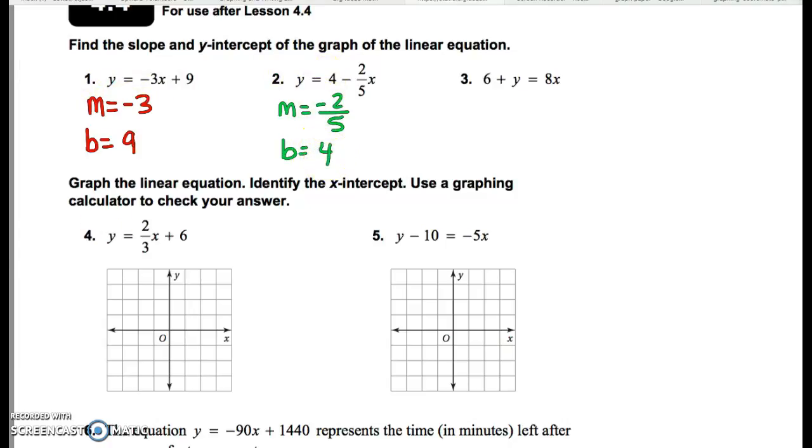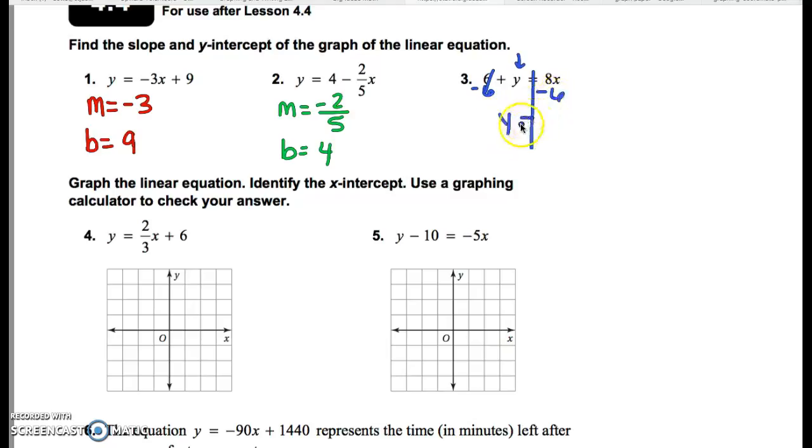Now, on number 3, is it in the right form? No, my y is not by itself. Now, we're going to get into this a little bit in more detail later, but we want to get the y by itself. Okay, we've done this a little bit. If I want the y by itself, I have to get rid of the 6. And how do you get rid of a +6? You subtract it.